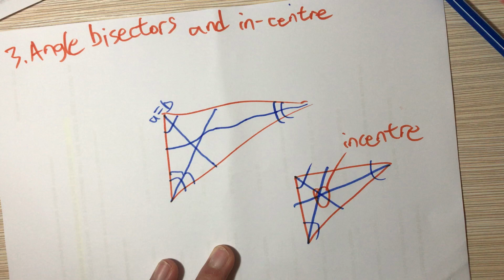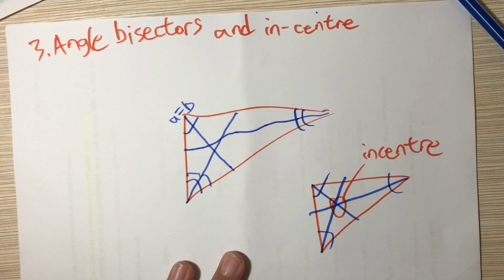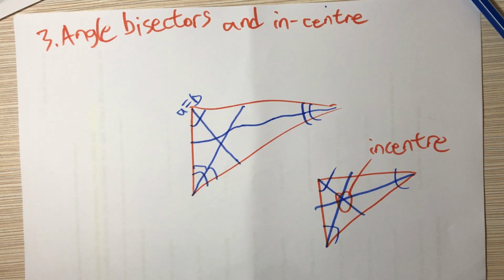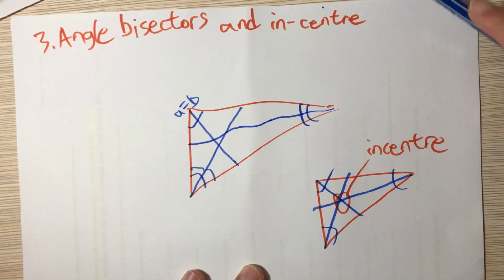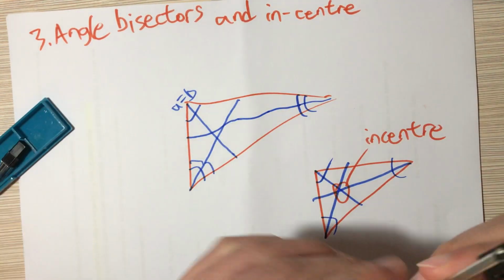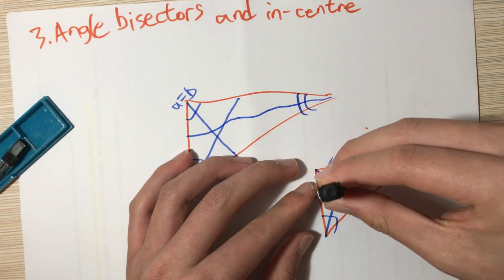Okay, and if we look at this as the center of a circle, we construct a circle. Perhaps I can use this. We use this as the center.